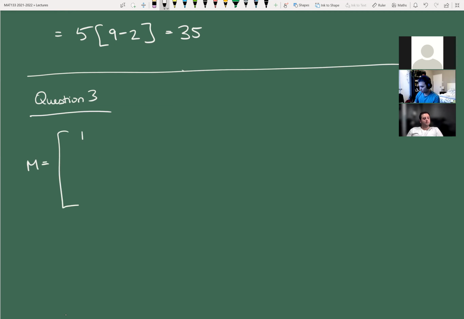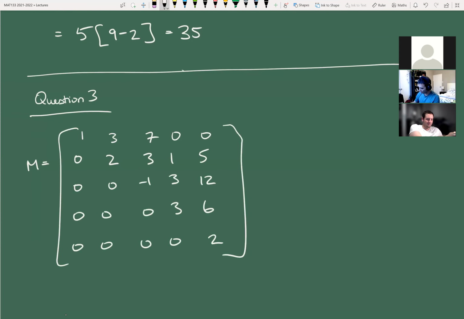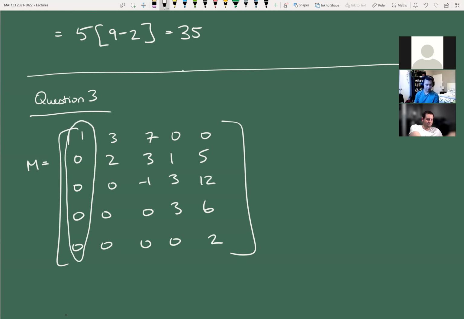So we've got 1, 3, 7, and most of these numbers don't matter. 0, 2, 3, 1, 5. 0, 0, -1, 3, 12. 3, 6, 0, 0, 0, 0, 2, like that. Now naturally, let's expand along the first column.